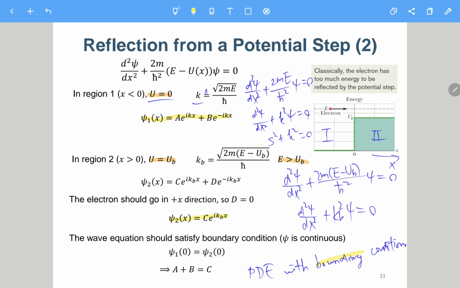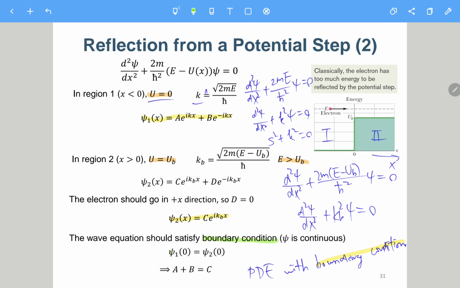And if you still remember, I talked about the boundary condition. The boundary condition means at the boundary, which is x equals 0. For some other cases there may be more than one boundary, but in this case we only have one boundary, between region 1 and region 2, at x equals 0.